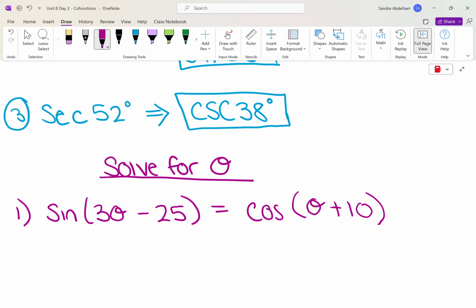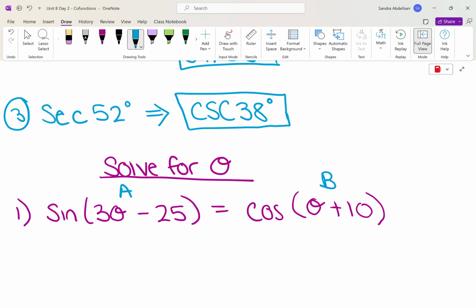All right, what do we have to remember here? Sine and cosine are cofunctions, right? Because they're saying the sine of this angle is equal to the cosine of this angle, I'm going to say, okay, well, this is like angle A and this is like angle B. But what does the relationship have to be between the two angles if they're going to be equal?